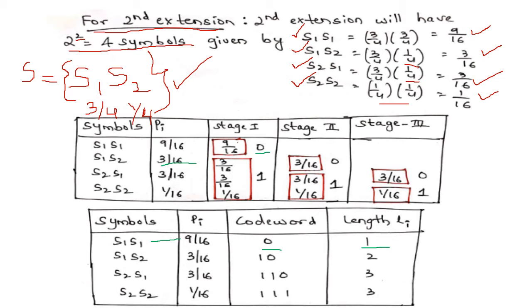The code word is written in the left to right direction. So in the first stage the code word is 1, in the second stage the code word is 0. So the second element, 3 by 16, has a code word 10.